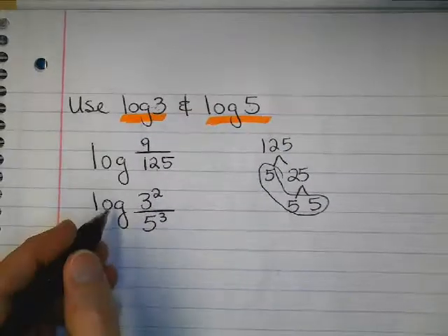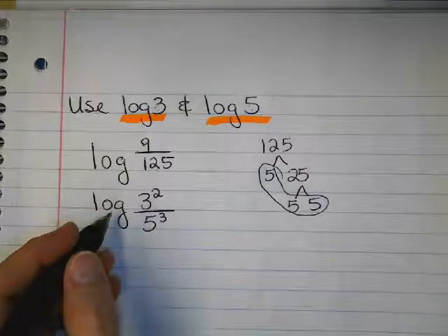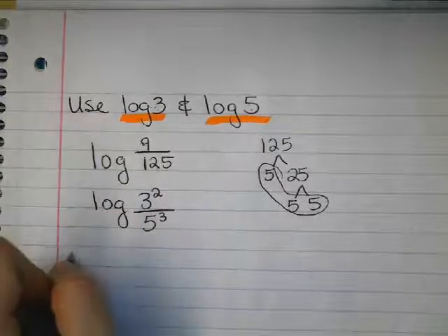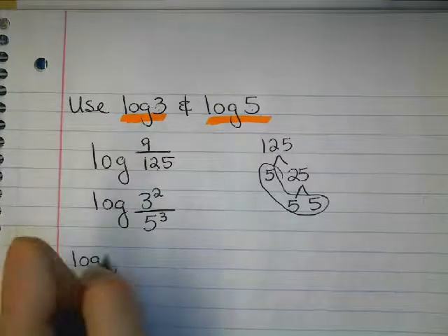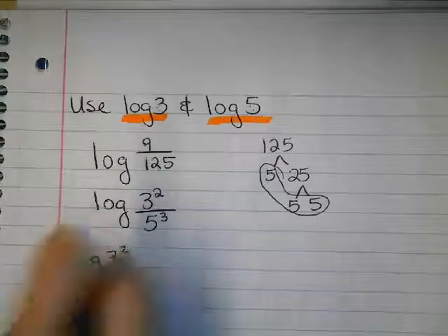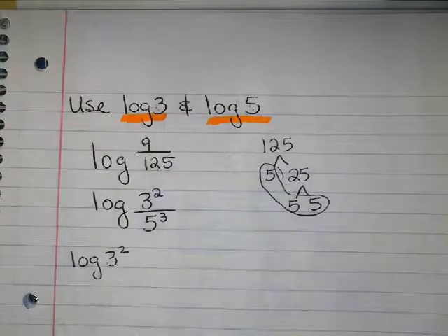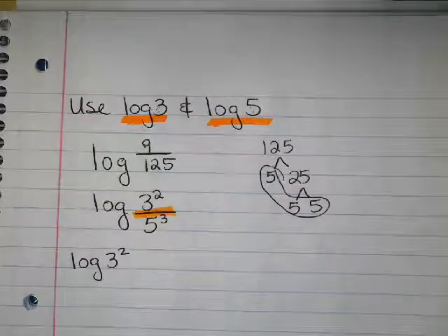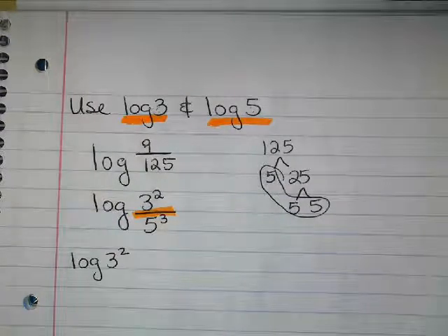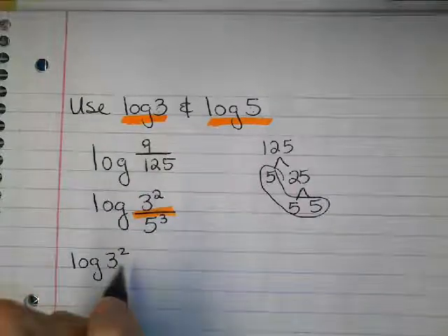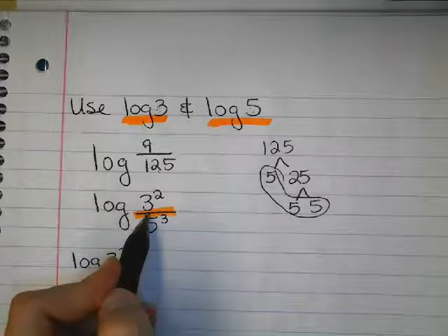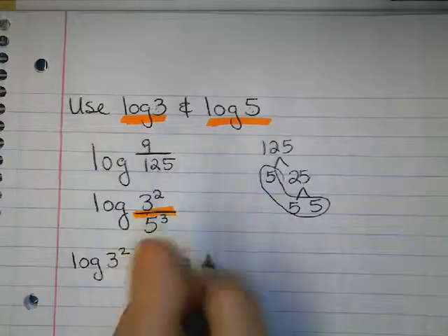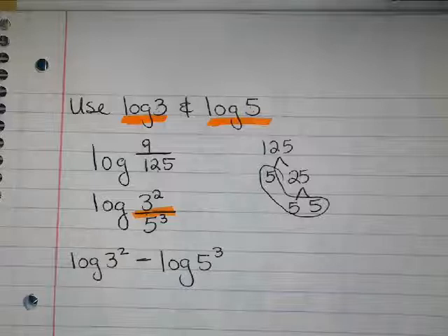So now we're going to use the properties and expand this out. So then it would be log of 3 squared. Then what do we do since it's a fraction? Subtract. Good job. So it'd be log of 3 squared minus log of 5 to the 3rd power.